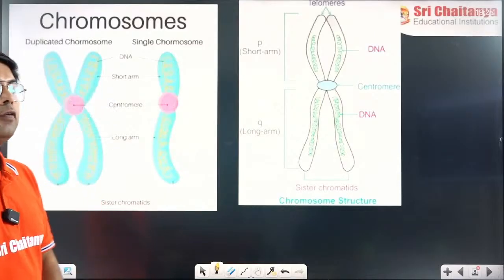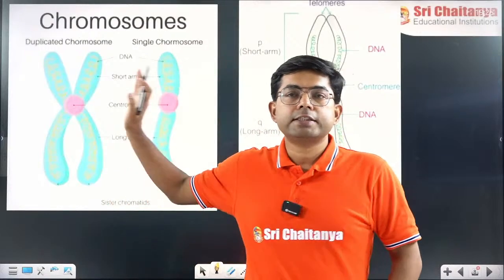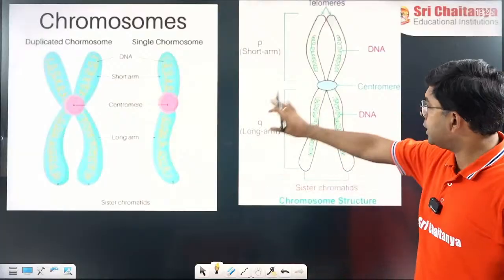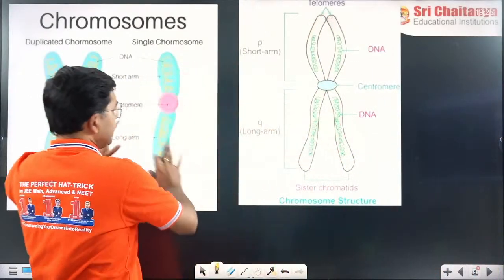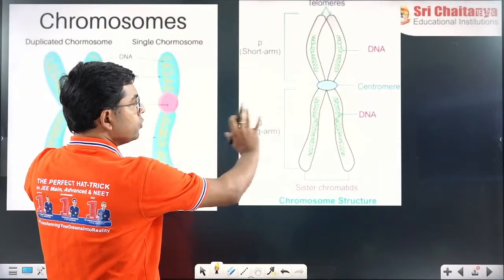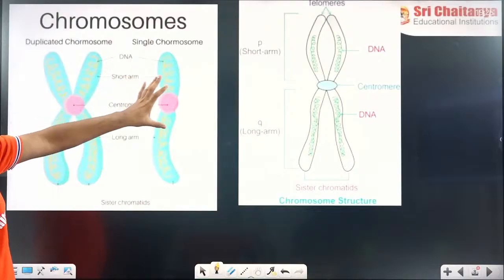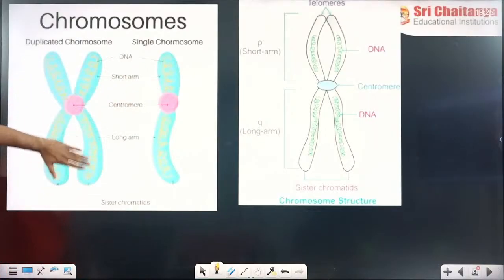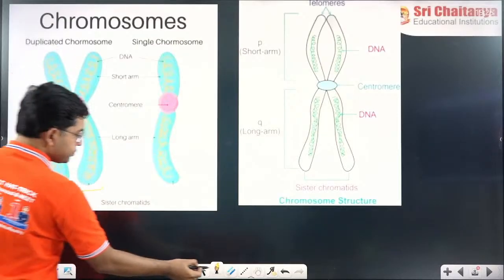So now we will talk about the structure of DNA, and the structure of chromosome. All of you must have studied about the chromosome till now, right? Let's first understand this structure. Both are structures of a chromosome, but both show some different points. Here, this is one chromosome.